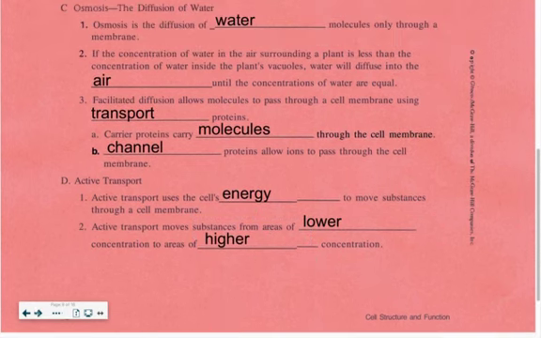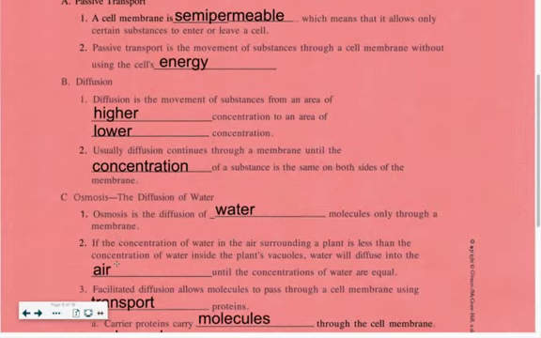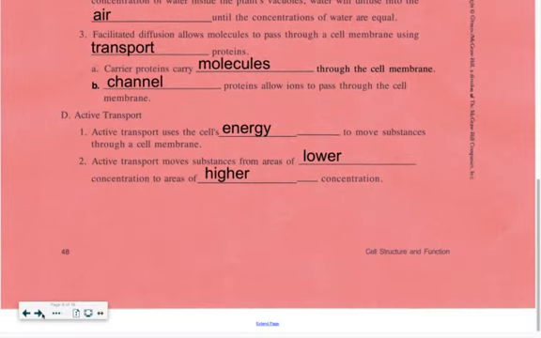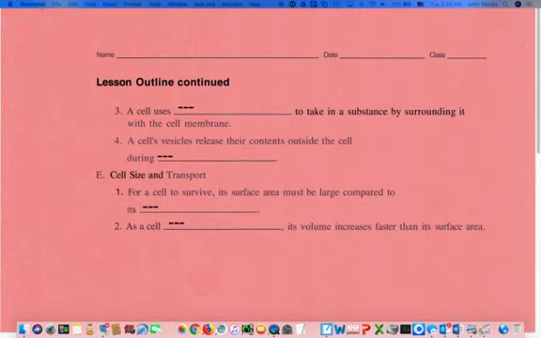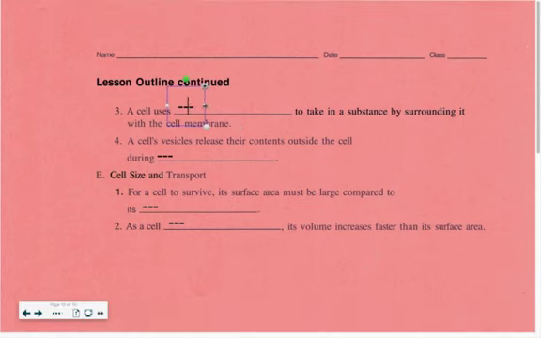Okay, and then on to the next page. Oh, this is just the continuation of this. So a cell uses, is it endocytosis and exocytosis? Endocytosis takes in substances by surrounding them with the cell membrane.